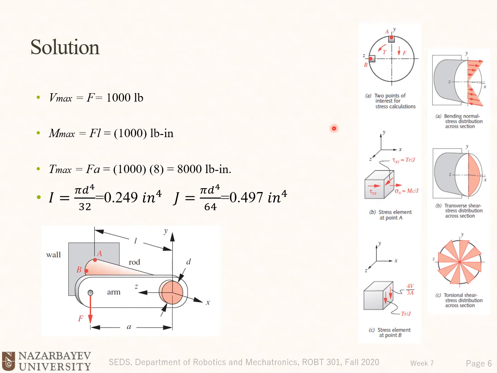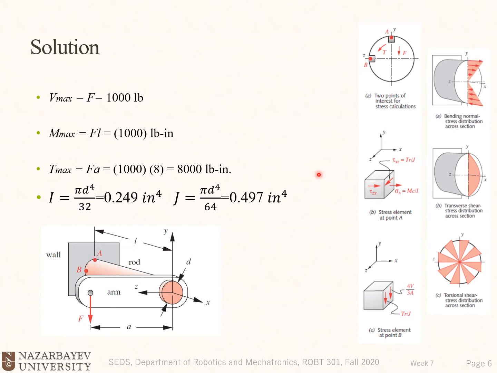Now we need to investigate both points A and B to see which one is the most critical point, because the bending moment will be the same for both of these points, but in terms of stress, as you could see, they have a different stress element, mostly because of the bending normal stress distribution and the transverse shear stress distribution.